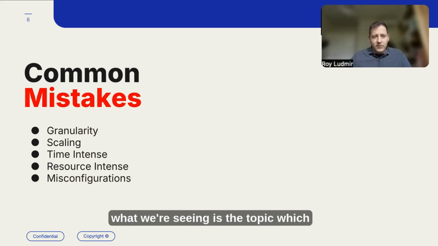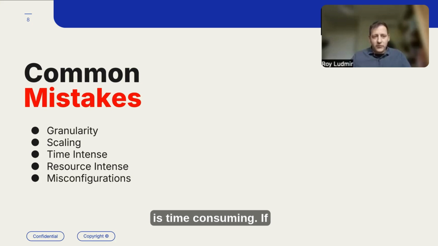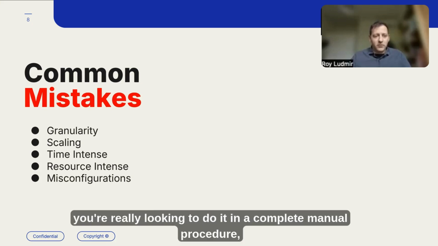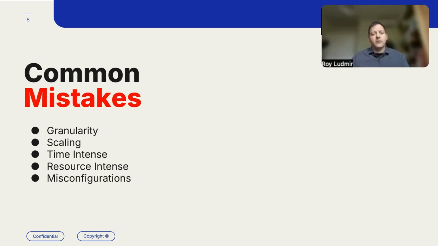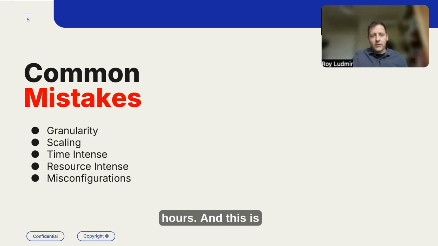Some of what we're seeing is the topic which is related to scalability. So if you are working in a manual procedure, scaling to hundreds of machines or thousands of machines is time consuming. If you're really looking to do it in a complete manual procedure, you're probably seeing a project of thousands of hours, okay?